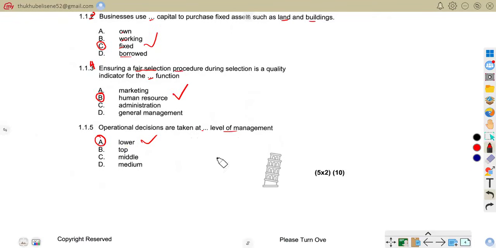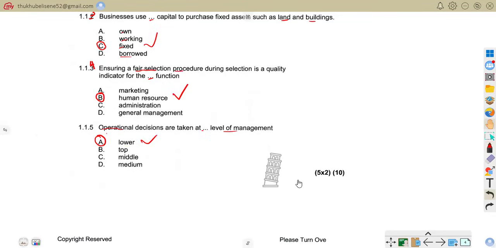Lower level management includes supervisors overseeing daily work. So operational decisions are taken at a lower level of management. So that is that.